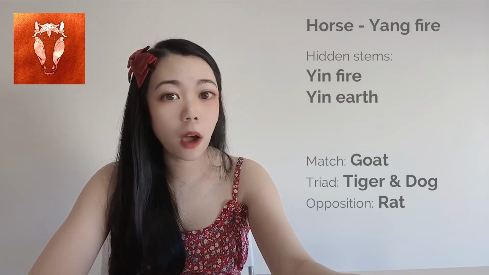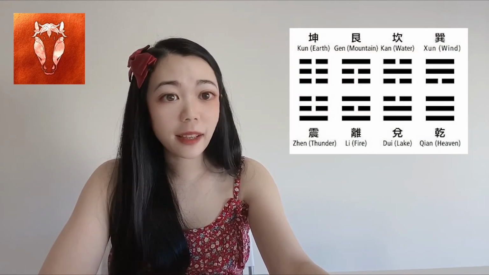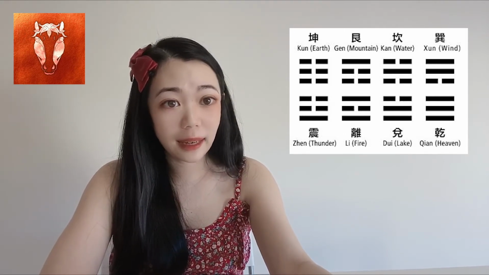There's a fun fact about horse I'd like to mention as well. In I Ching, dragon represents male and horse represents female. Dragon for male is easy to understand, because dragon is always out there showing off, flying from here to there, more sociable and powerful. We all know in ancient society, guys were more outgoing and working, while girls were the ones kept in the house, doing chores and taking care of the family.